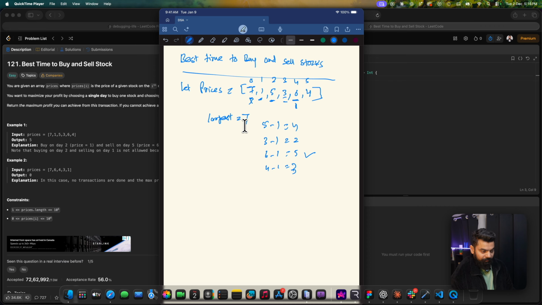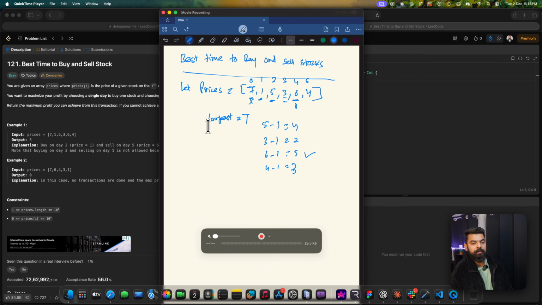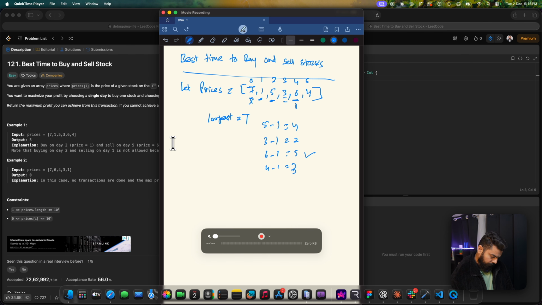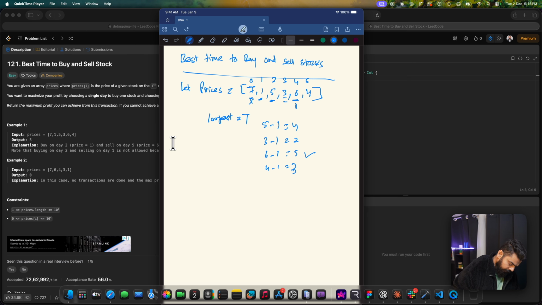Initially there are so many approaches, but the approach I'm going to follow should be optimized, the best way. When we submit on LeetCode, it should give us good beats. So what I'm thinking is I will keep the minimum price, the price that I'm going to buy at, and the maximum profit. So I will keep 2 variables.